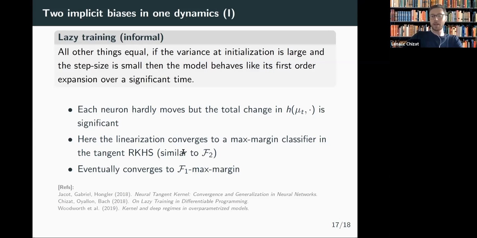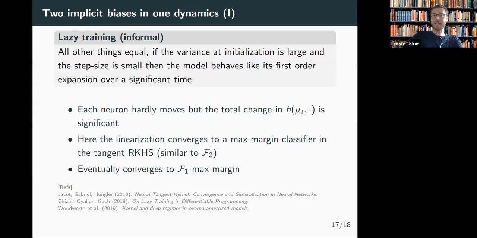So it will solve a problem which is similar to the F2 max margin classification. But our result about the implicit bias still applies. So we still know that in the end, the dynamics will converge to an F1 max margin classifier.